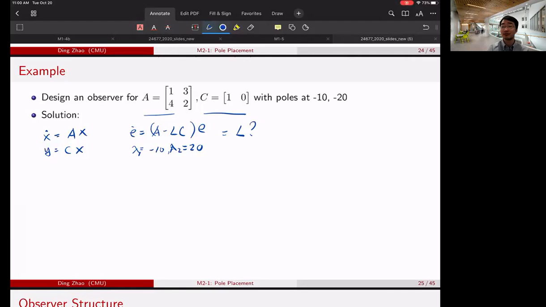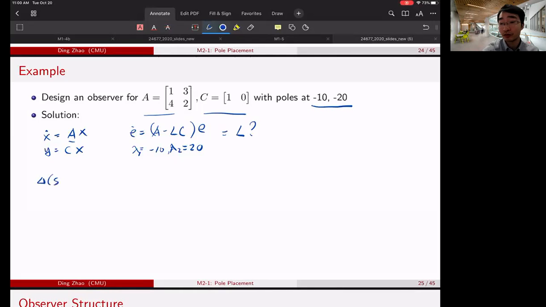Okay, so still in a similar way, we need to compute our current polynomial for this A, and we also want to compute our desired polynomial for minus 10 and minus 20.